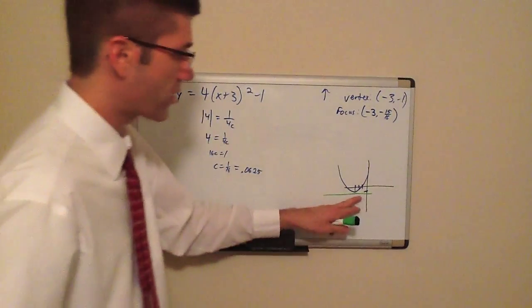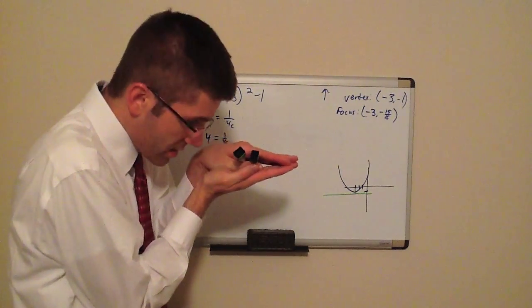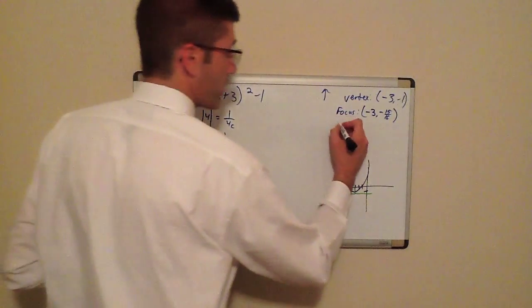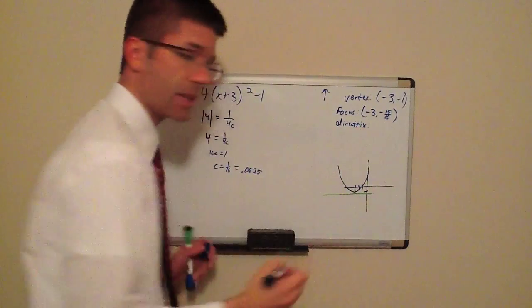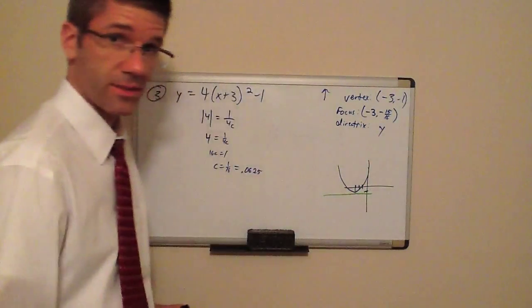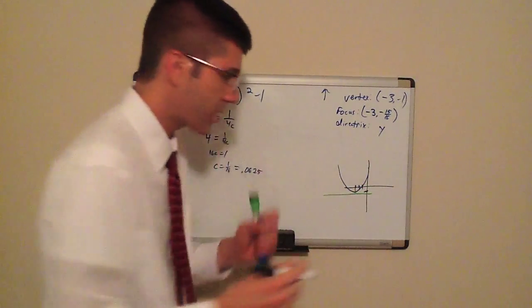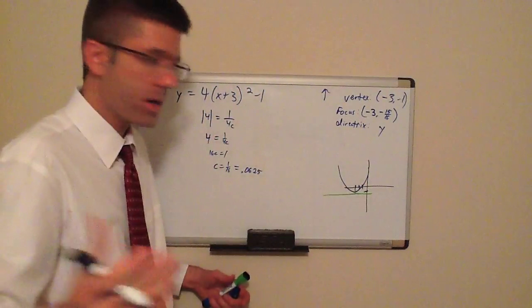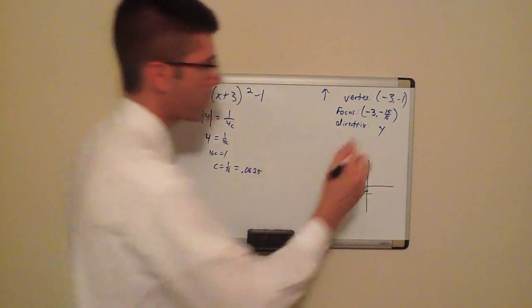And now where's that directrix? Well, that directrix is 1/16 down from that. And again, a directrix is an equation. So my directrix is a horizontal line equation, so I know it crosses the y-axis. You can see that from your picture. That directrix is down 1 and then a little more. Decimal, fraction, whichever one, I don't care.